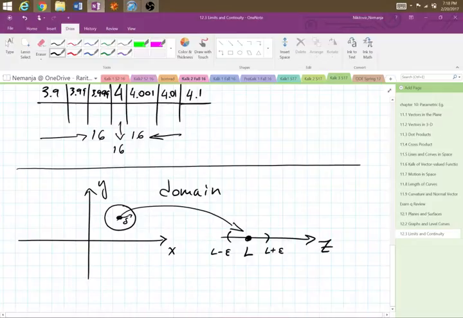So you would be picking values that, with a distance formula, are getting closer to the point x, y, call it AB if you want to, right? x and y going to AB, a specific value.